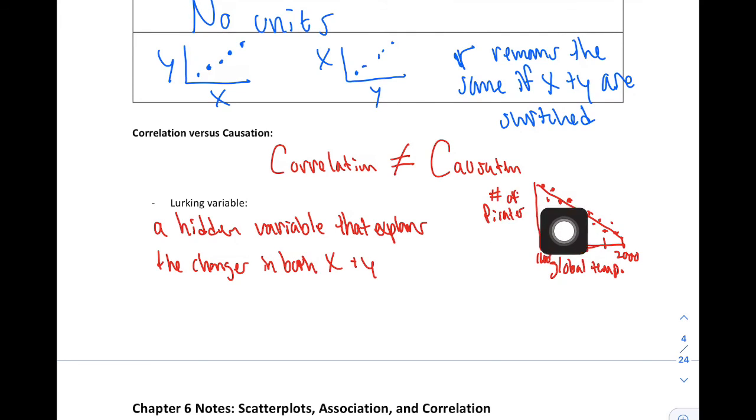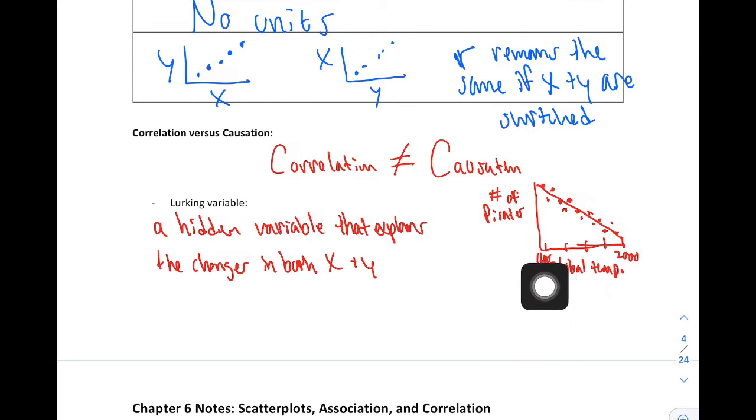So like in this case, maybe the number of pirates has died off because there's stricter police in the sea or international regulations in the sea. That could be a lurking variable, so that's why those numbers have decreased.